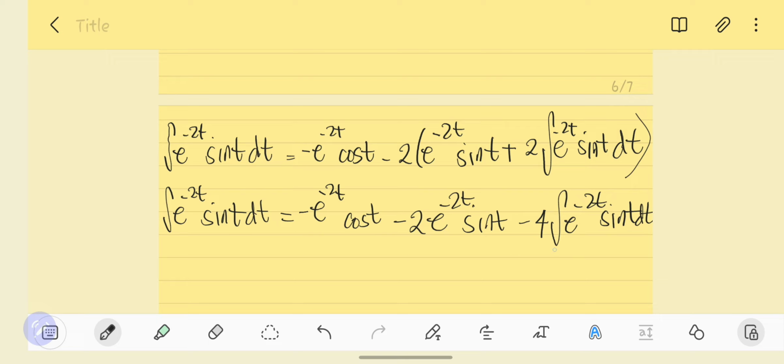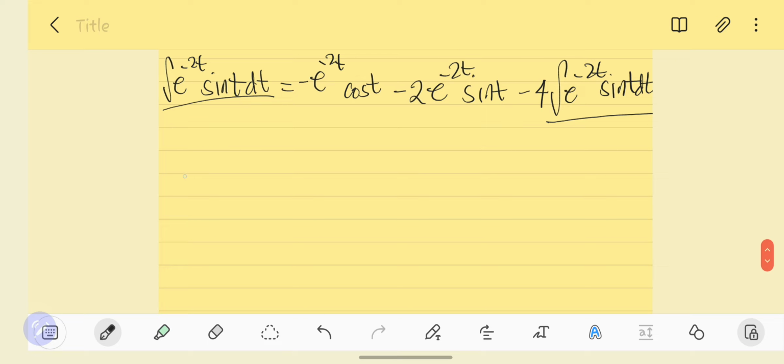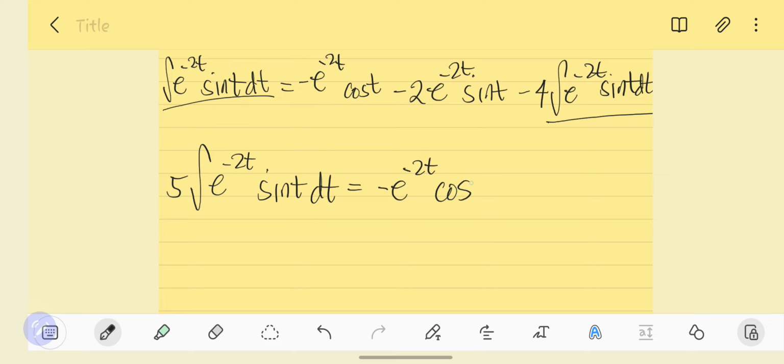Now as you can see, we have this common term, so we can treat it as a variable. So now 1 plus 4 is equals to 5 times the integral of e to the negative 2t sine t dt, is equals to negative e to the negative 2t cosine t minus 2 e to the negative 2t sine t.